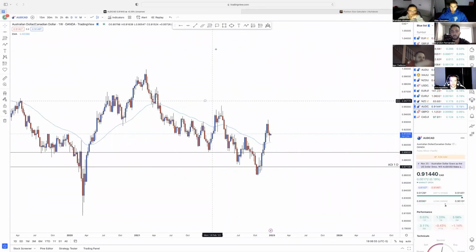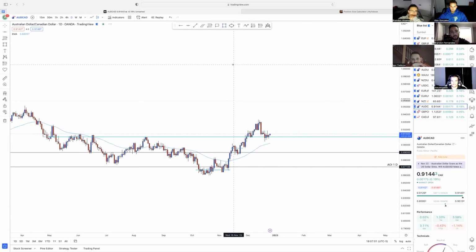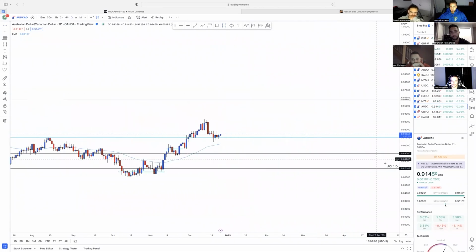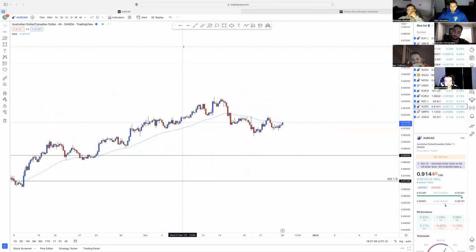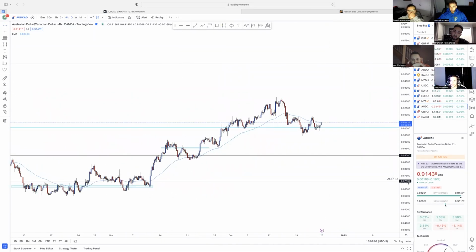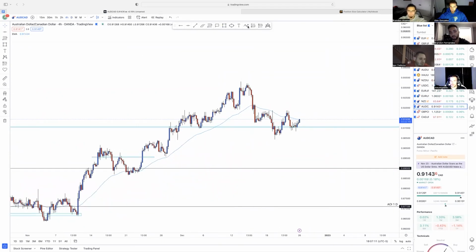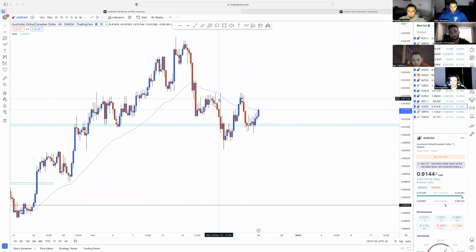This looks pretty good. We could be retesting this weekly structure, wicked into the weekly EMA. Daily time frame is bearish, so that is kind of a turnoff, but the 4 hour is probably about to go bullish. The 4 hour is technically bullish.